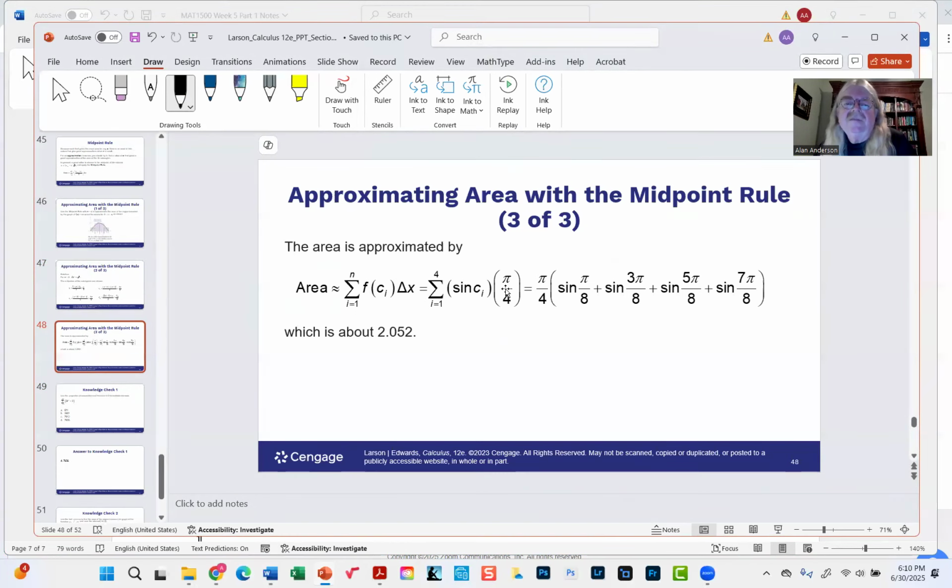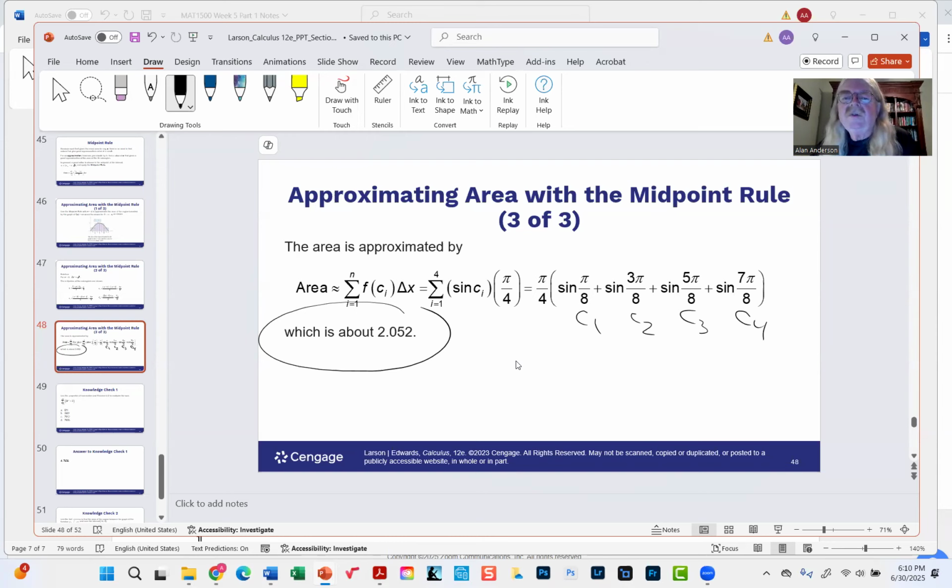And you can see that they plugged in all the numbers that we got. We got our c's, so we have sine of c1, c2, c3, c4. Anyway, when you go through all the math, you do end up with approximately 2.052.